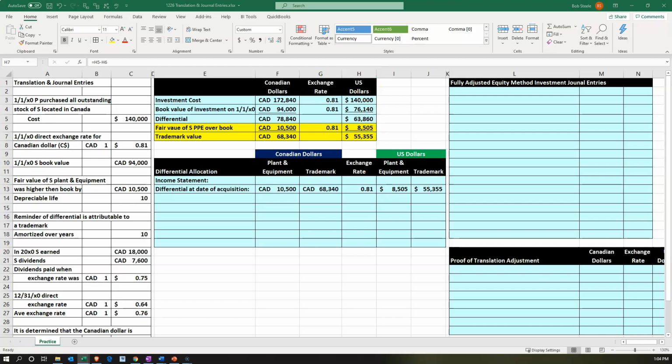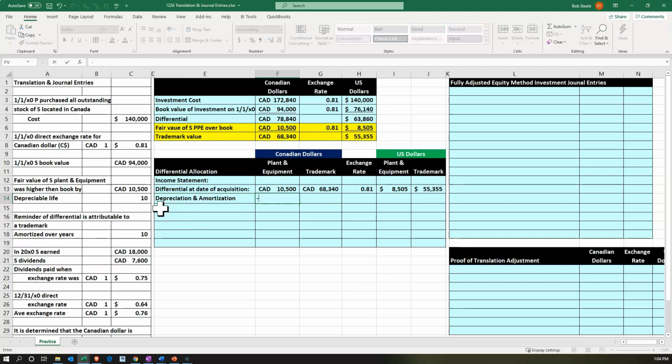So then we're going to say we need the depreciation that's going to be calculated on it for the income statement side of things. We said the equipment has a 10-year life from this point, so we're just going to use a straight line method. I'm going to make it a negative number, so I'm going to say negative of this number divided by that 10 years. That's going to give us our 1,050 current year depreciation that we're going to add to it because of this differential.